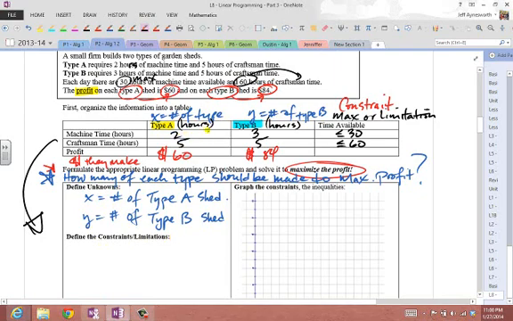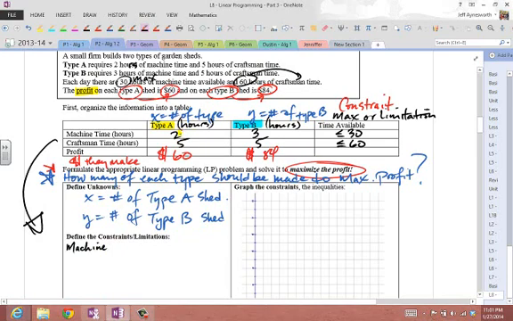So check this out. We know that for every type A shed, it takes 2 hours of machine time, and there's a maximum available machine time of 30 hours. So we're going to develop a constraint or limitation on the machine time given these numbers. For every type A shed, it takes 2 hours. If we build one shed, it takes 2 hours of machine time.